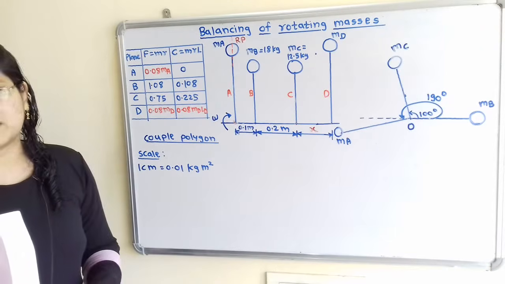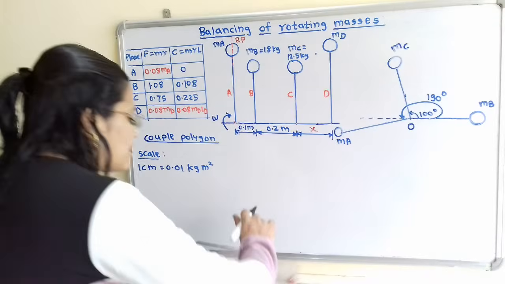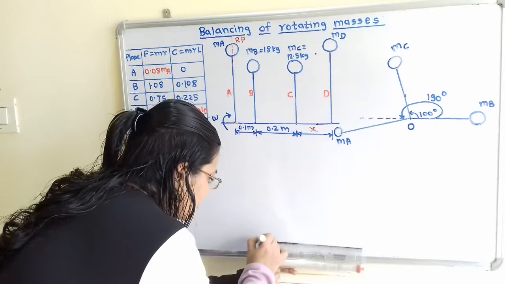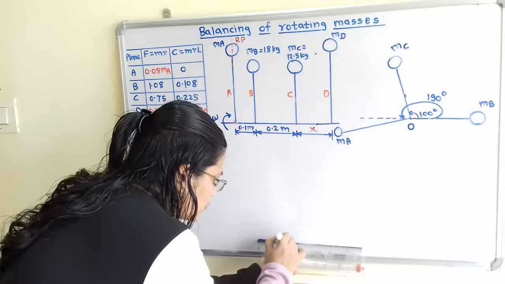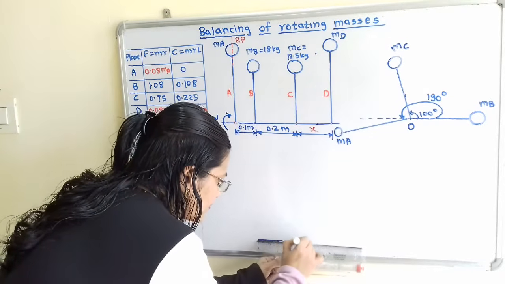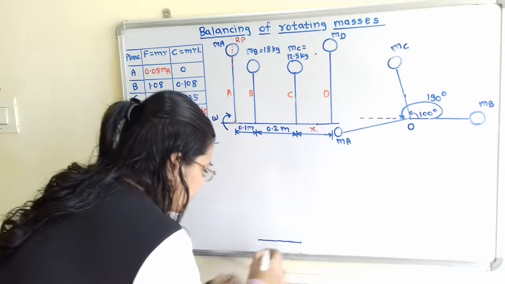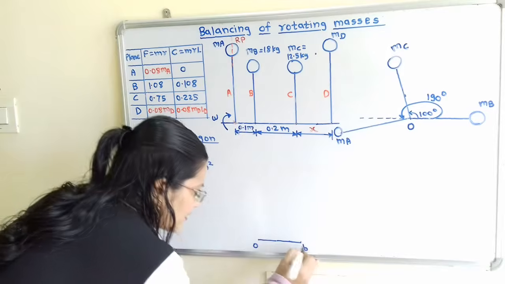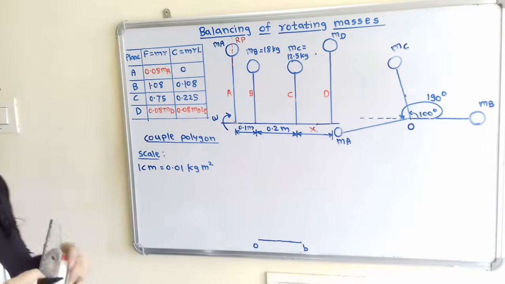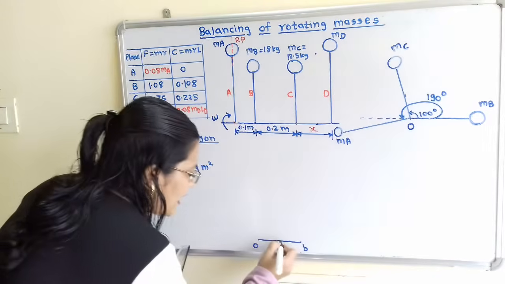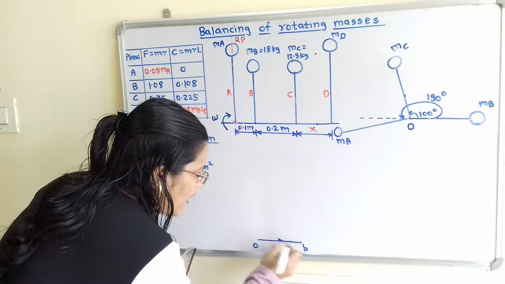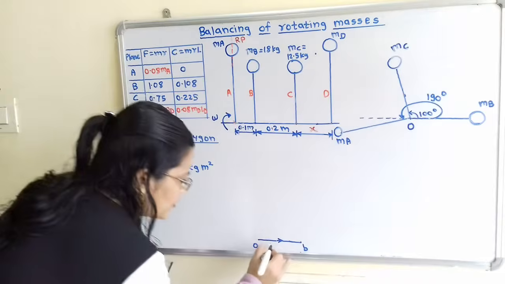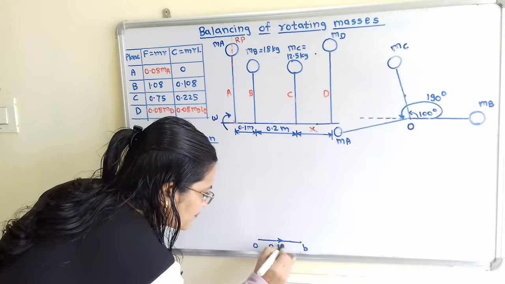So first I will consider one point as point O, and I will take the horizontal line at a distance of 10.8 centimeters. So here is the point O, and here is the next point, that is point B. After point B I will show the direction, and the value of this line O to B is 0.108. So we have to mention that here.